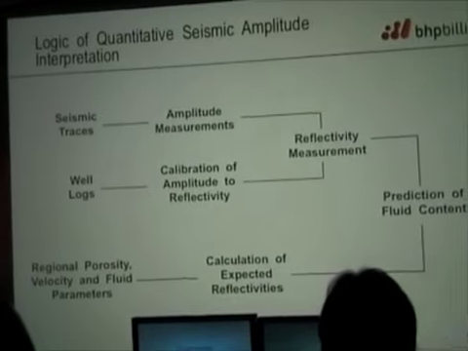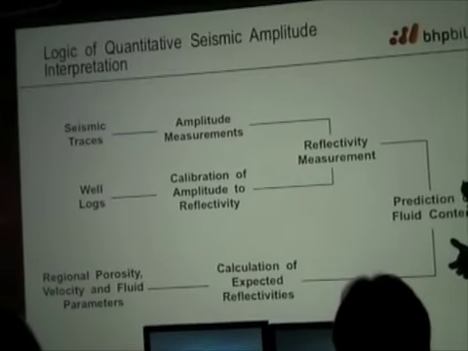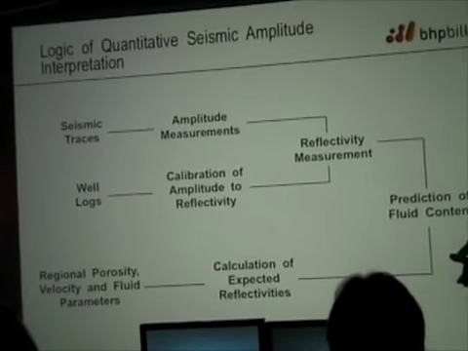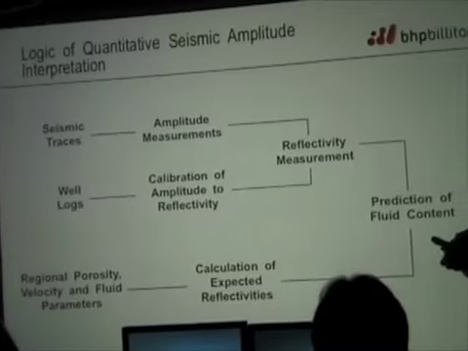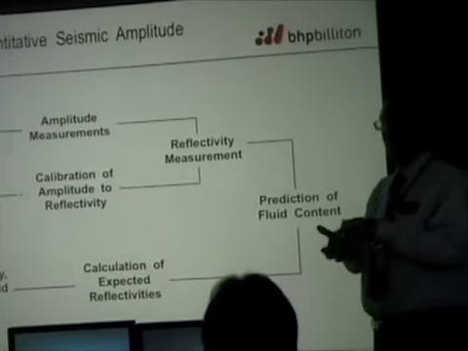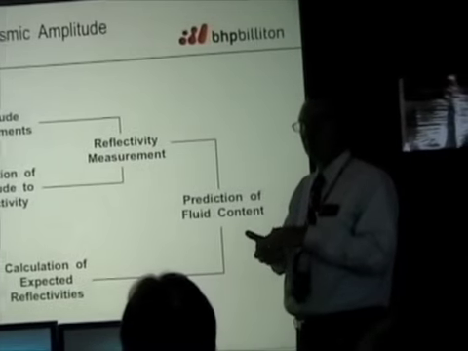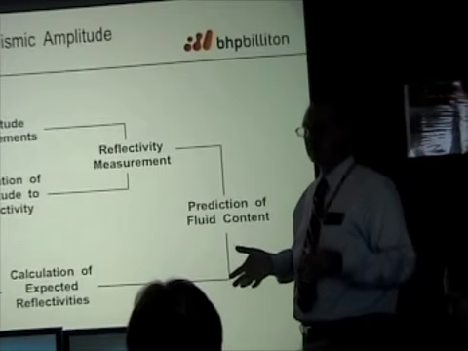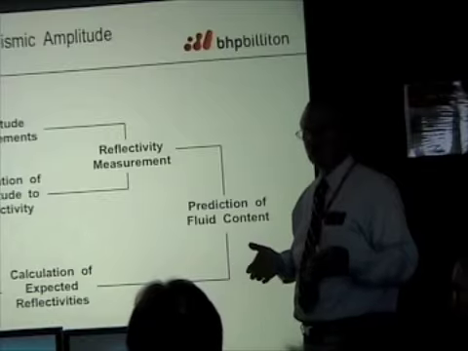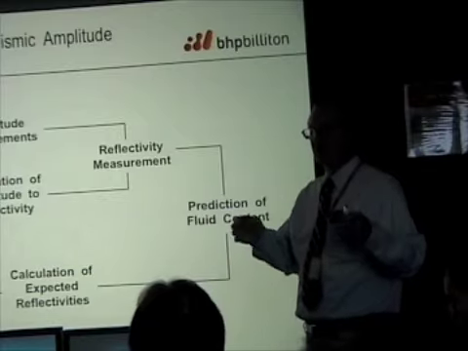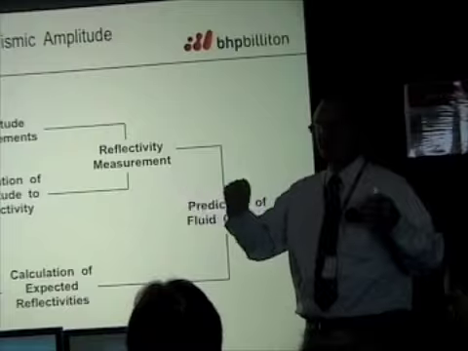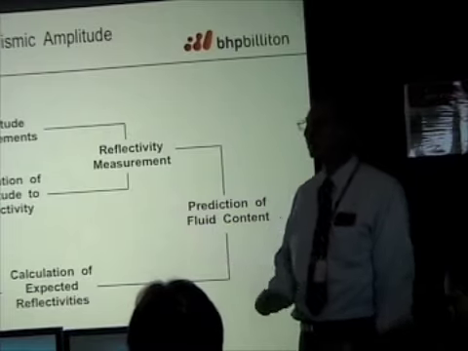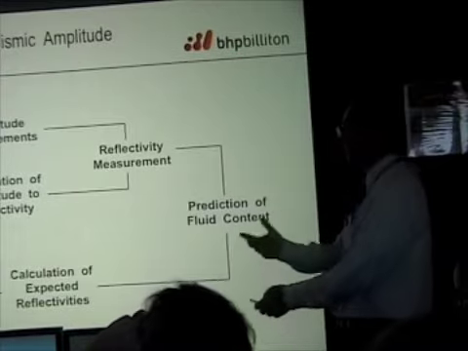What you will see is that when the thickness of the unit is relatively small, that is, when the top and bottom are not resolved, it's much more difficult to see that you have a unit there and to understand what loops of the seismic mean in terms of stratigraphy. That's what you will find out.